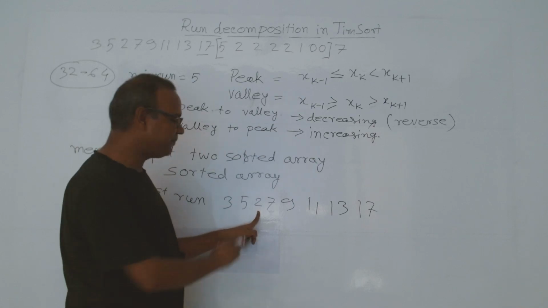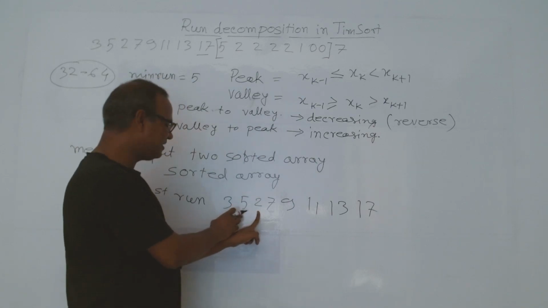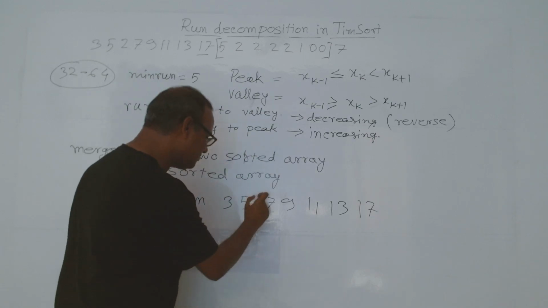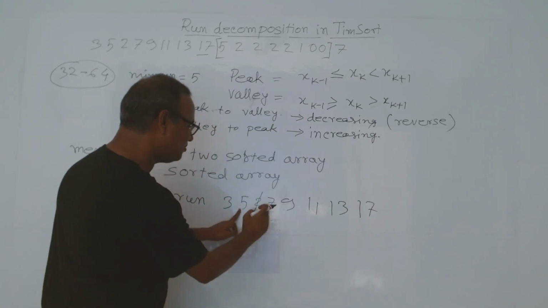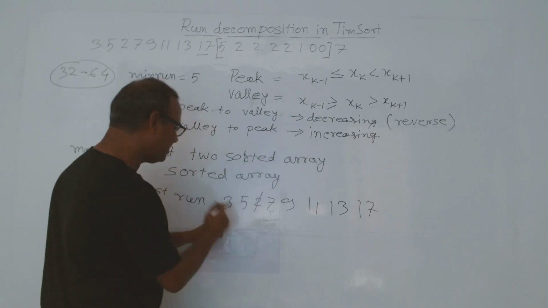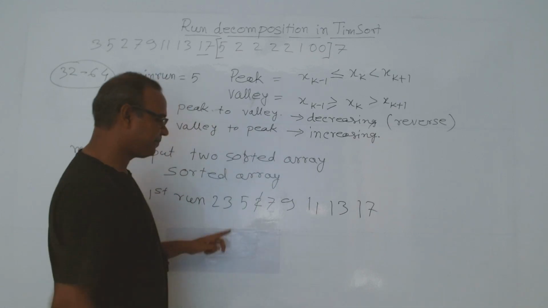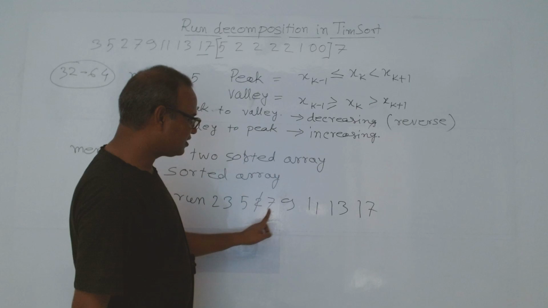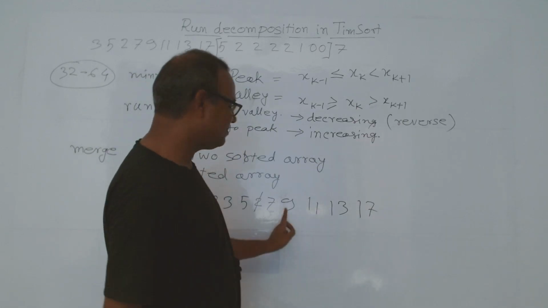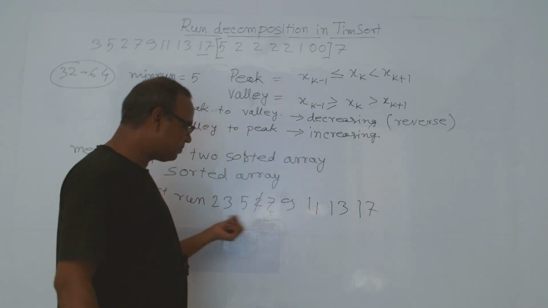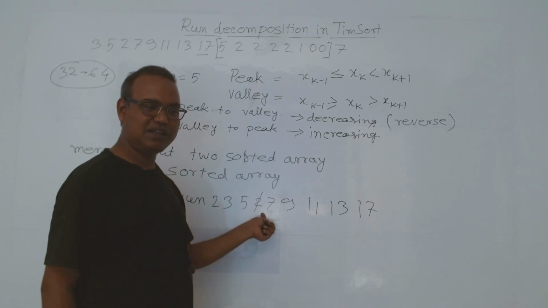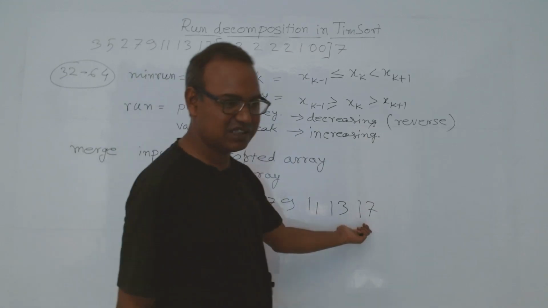Now at 2, the previous element is 5, then the previous is 3, so 2 will be removed from here, 5 will be shifted here, 3 will be shifted here, and 2 will be put here. Now for 7 9 and the rest, there is one comparison each, for one element we have to fix, and we get a sorted sequence.